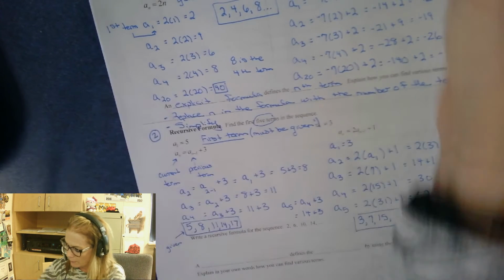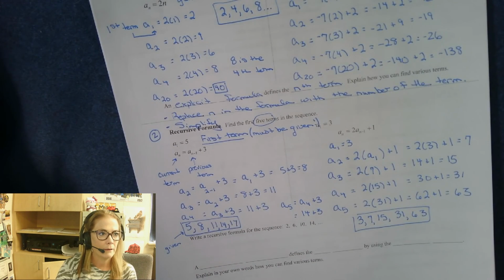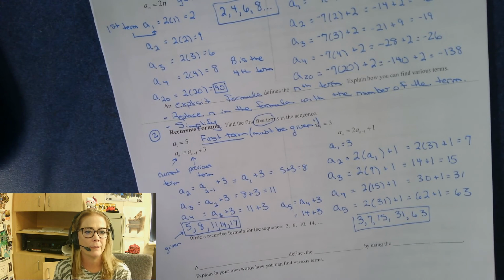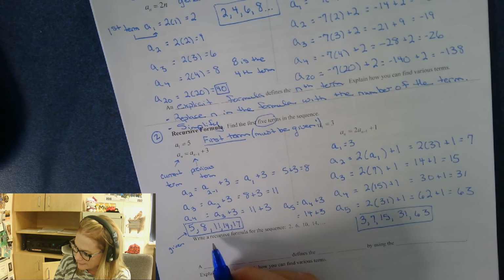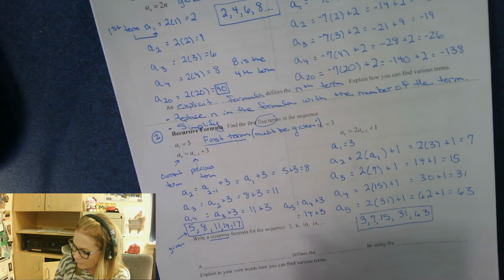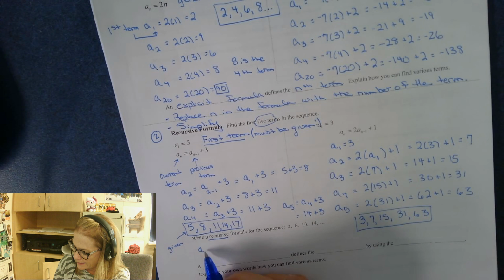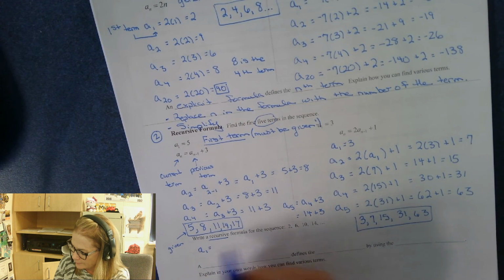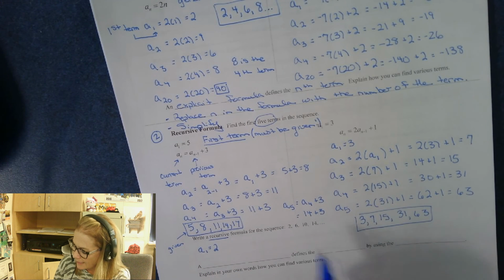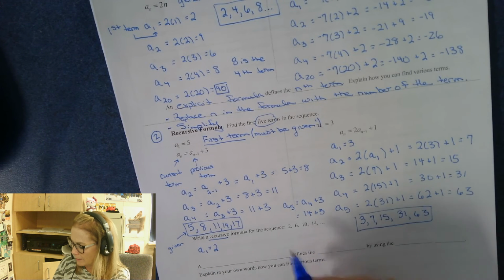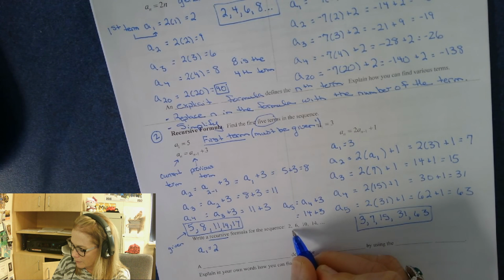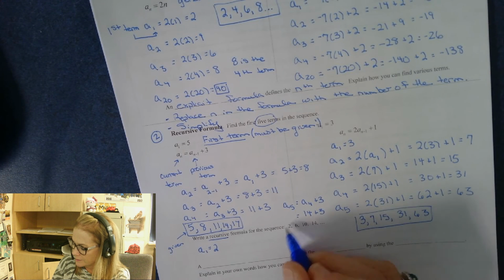Okay, so let's go backwards. Let's go backwards here and write a recursive formula for this sequence. Okay, so it said recursive. So the first thing I want to do is write that a to the 1 is equal to, make this statement, 2. And then what happens to get to 6? Well, we basically just added 4. 6 to 10, we added 4. 10 to 14, we added 4 to the previous term.